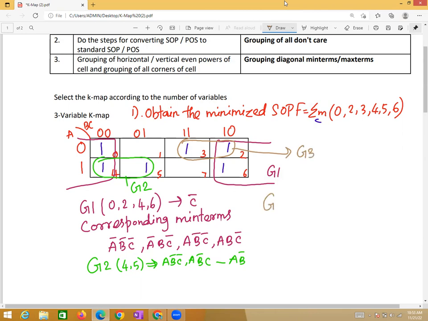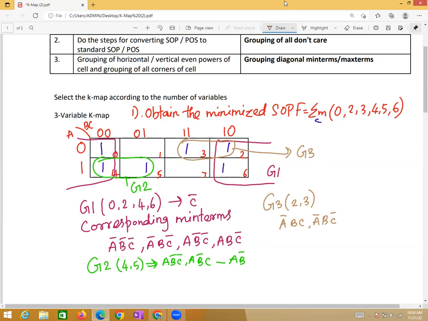G3 is a combination of cells 2 and 3. The corresponding min terms for this are A bar, B, C, and then A bar, B, C bar.